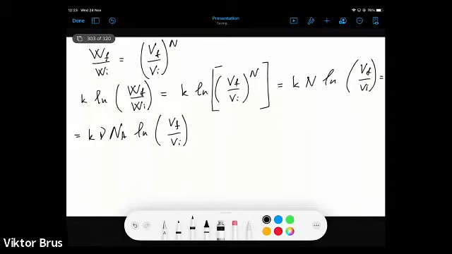So now, if you remember from our previous discussions, what will be the product of Boltzmann constant and Avogadro's number? So these are two constants, means we will get another constant. And what's the name of that constant? We had that when we considered the equation of state of ideal gas.